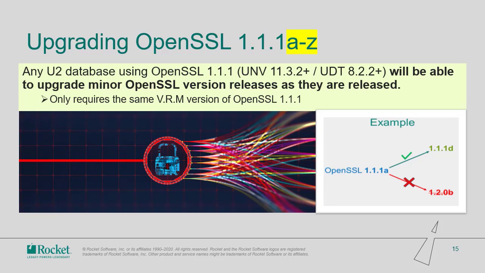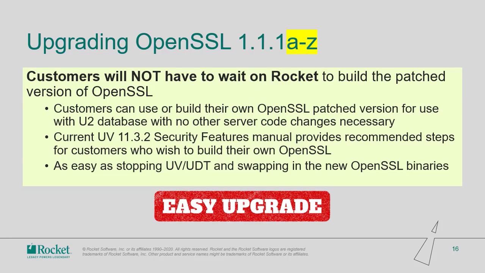It does still require the same major version, so no going from 1.1.1a to a 1.2 release from OpenSSL, but it does make it easy to upgrade without upgrading the entire database. And the best part is that customers will not be required to wait on Rocket to build the patched version of OpenSSL. Customers can use or build their own OpenSSL patched version for use with the U2 database with no server code changes necessary at all.